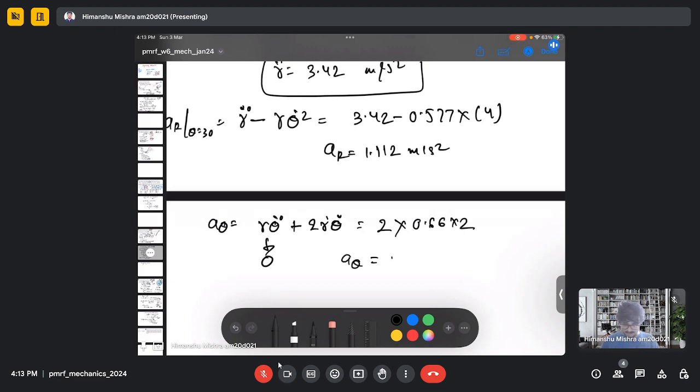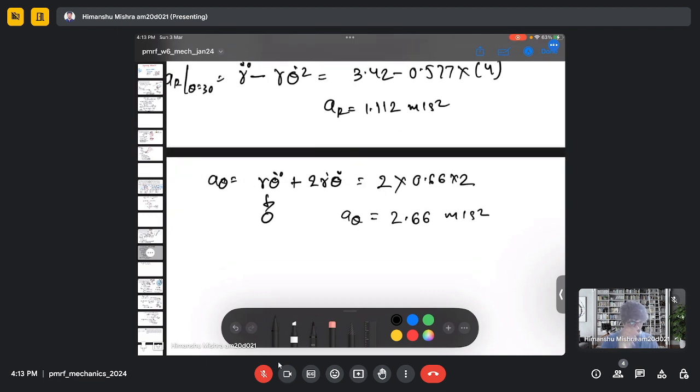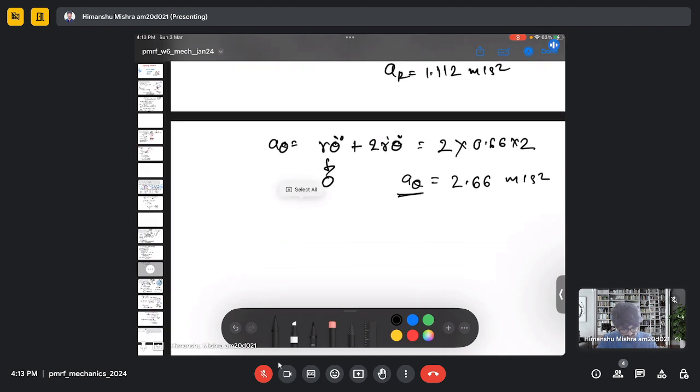So here it is 2.66. So now we have the components of acceleration in the radial as well as in the theta direction. So we can use Newton's second law for both the components.